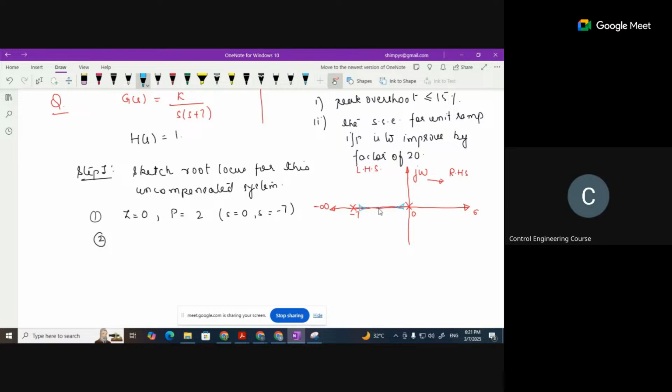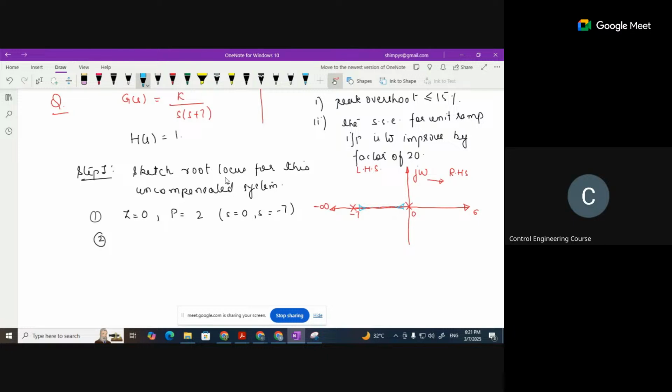We need the centroid in order to know from where we have to draw the angle of asymptotes, and the angles of asymptotes are required for the direction of the root locus. Okay, so next, what will we find out, tell me?